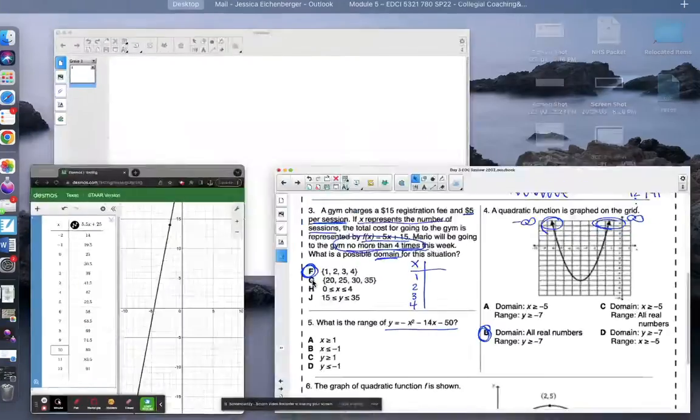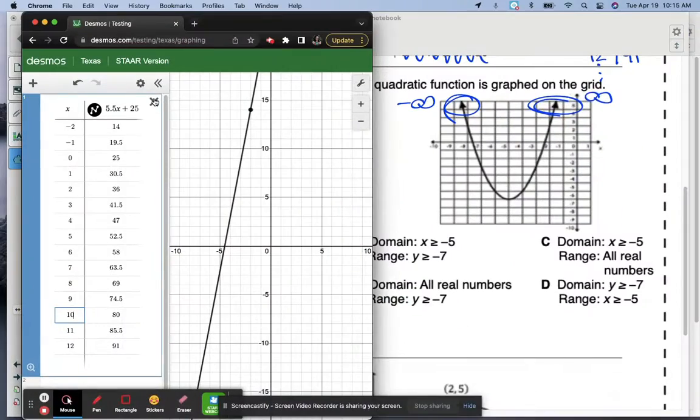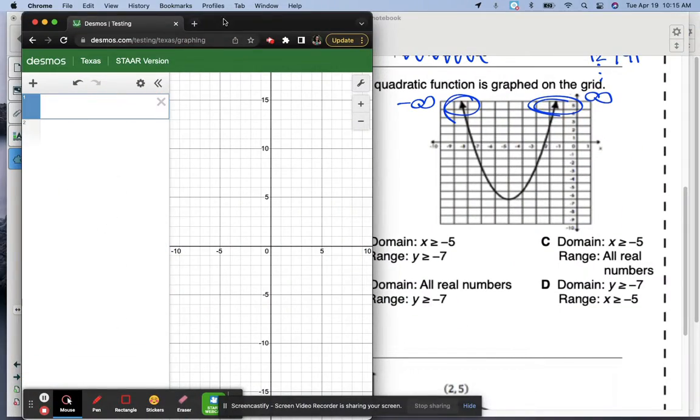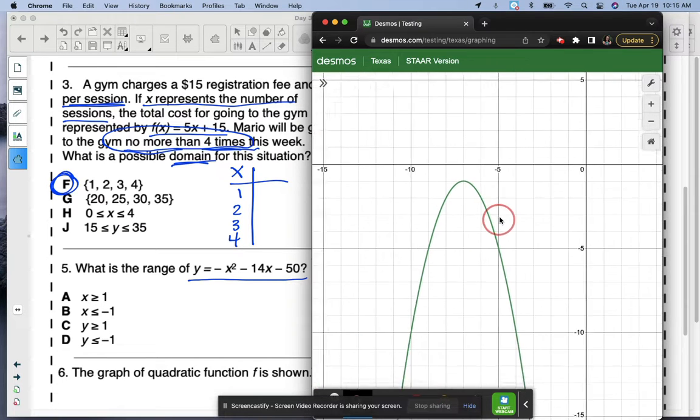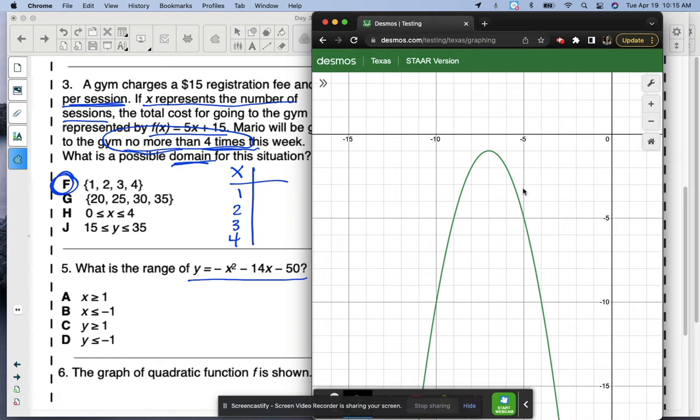The next one, I have to graph this. So let's go to Desmos and type this in. So our equation is negative x squared minus 14x minus 50. And we're going to look at the graph for this. I see that my graph opens downward, or it is continuing downward.